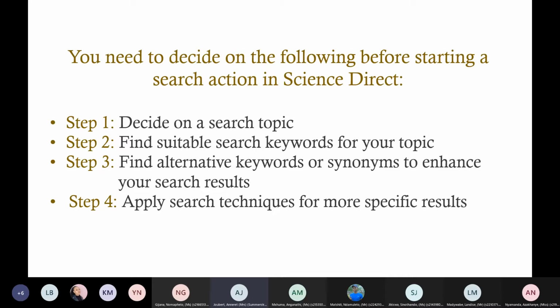Then you find suitable search keywords for your topic. Then you find alternative keywords or synonyms to enhance your search results. And then step 4, you can apply the search techniques for more specific results.